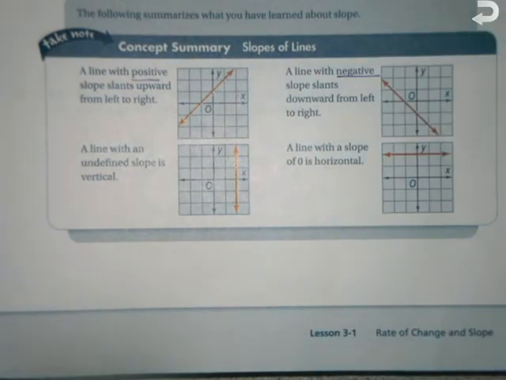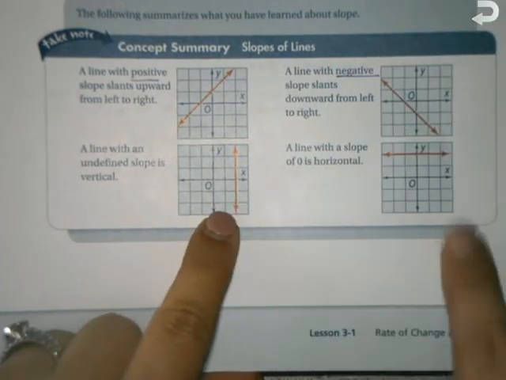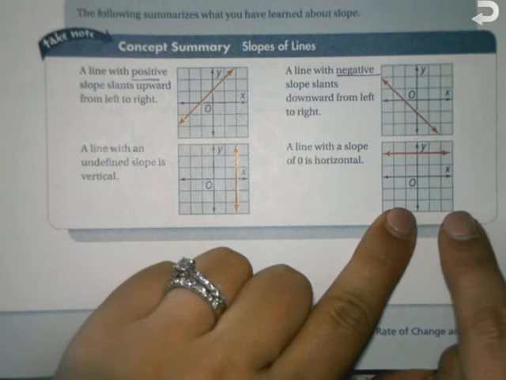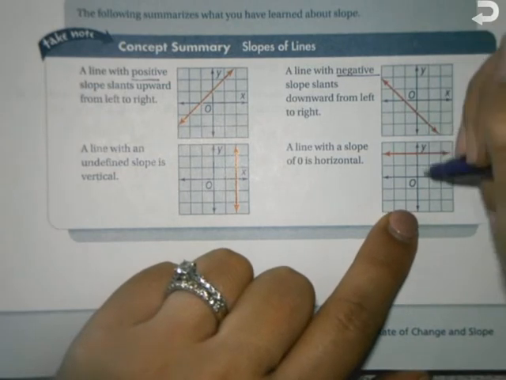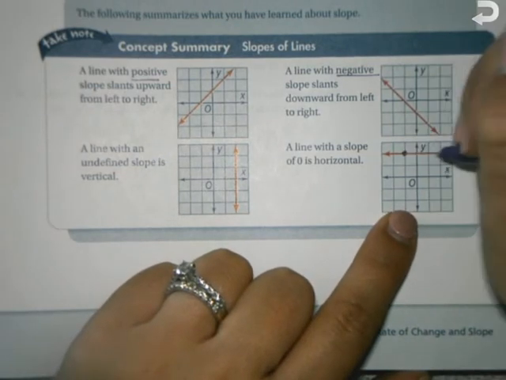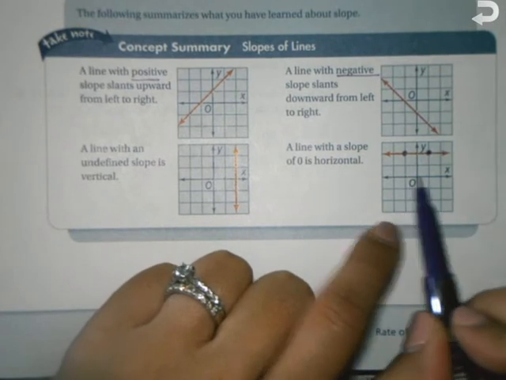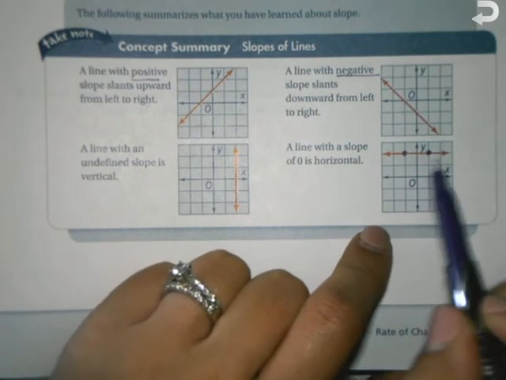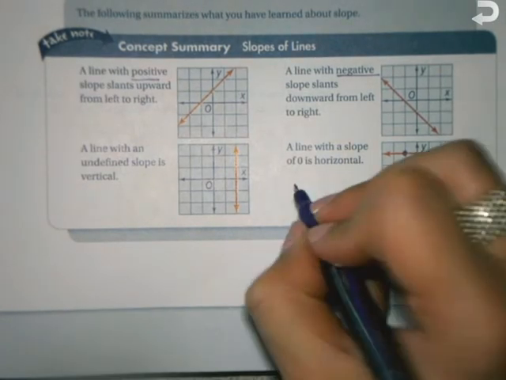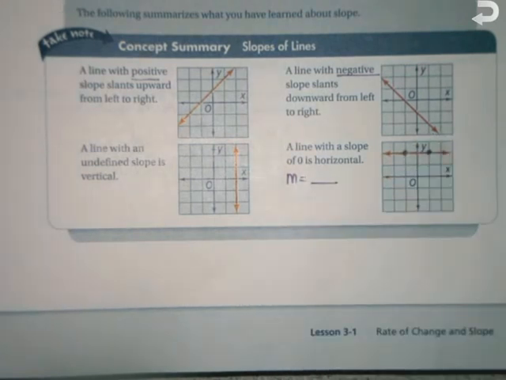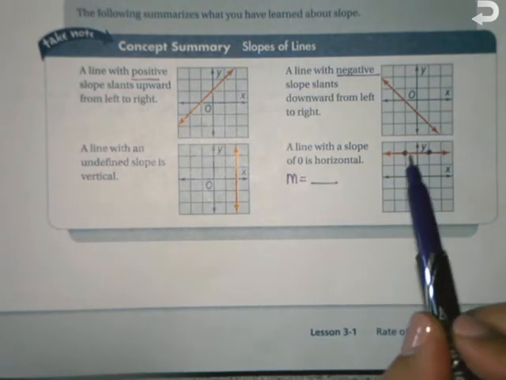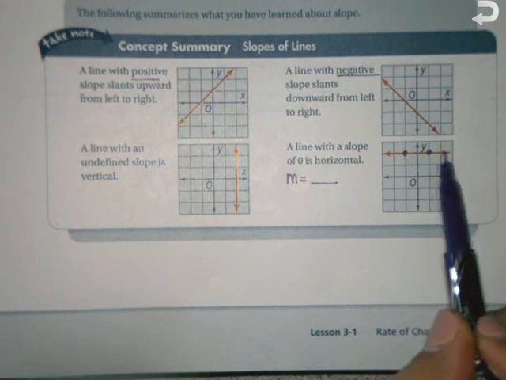And then we have two special cases: vertical lines and horizontal lines. I want to go over these very quickly. First, let's do the horizontal line. I'm going to pick 2 points on my horizontal line, -1, 2, and +1, 2. Going from -1, 2 to +1, 2, what's my rise?